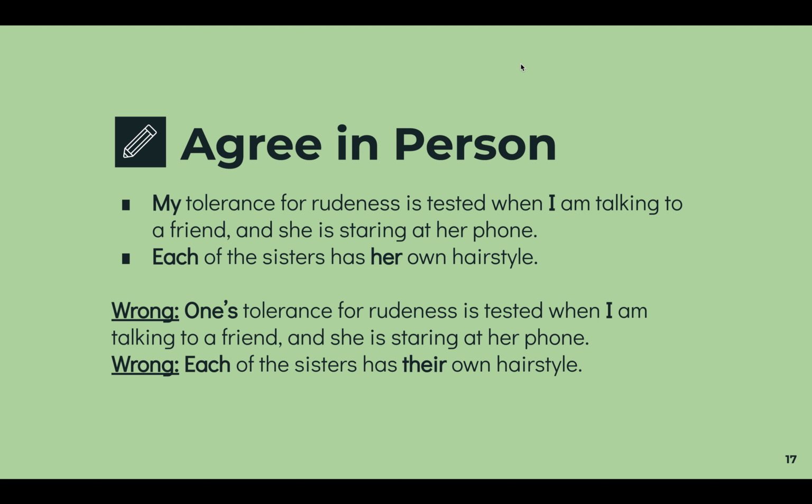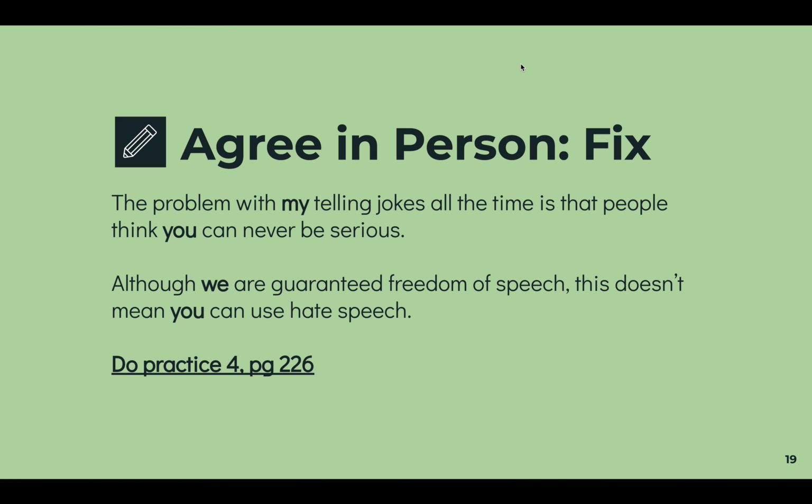My and I are both first person pronouns, so that's correct. It would be incorrect if I said one's tolerance for rudeness is tested when I am talking to a friend, because one is a third person word, I is a first person word, so they have to agree.